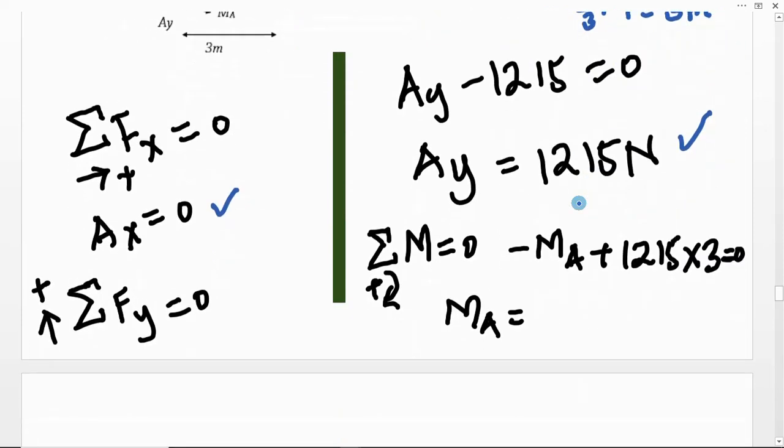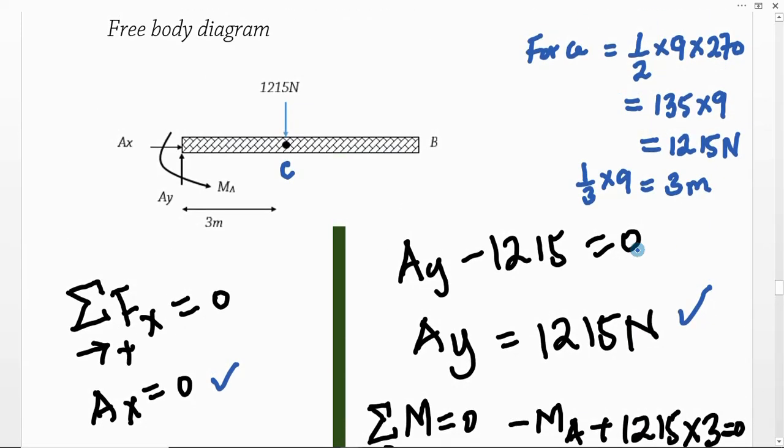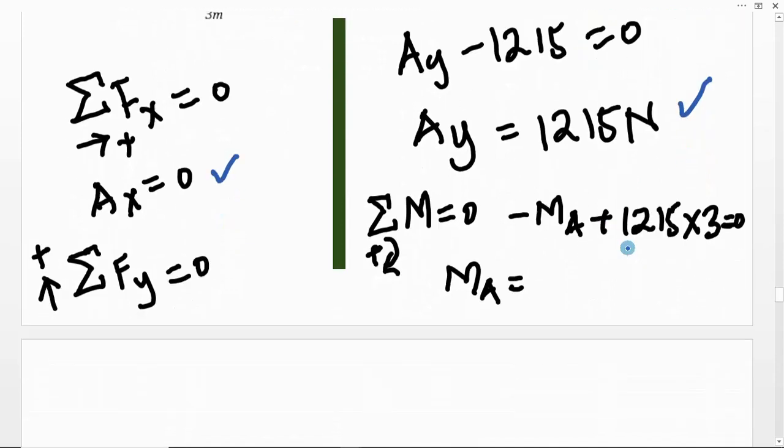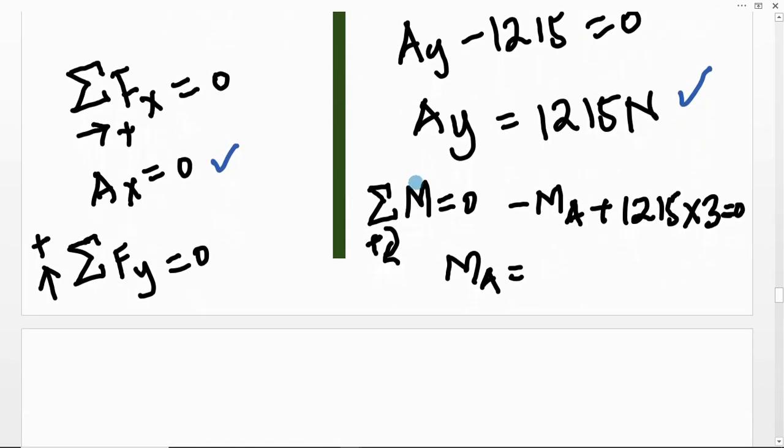Then to that negative MA, we add 1215 times the perpendicular distance from point A, and therefore we will have a value equivalent to 36.45 Newton meter.